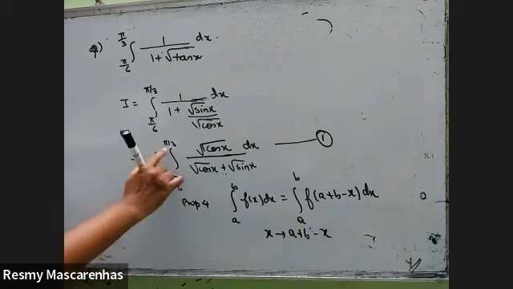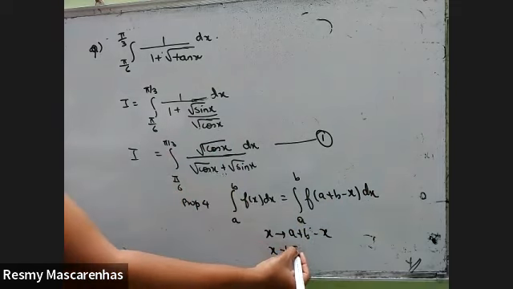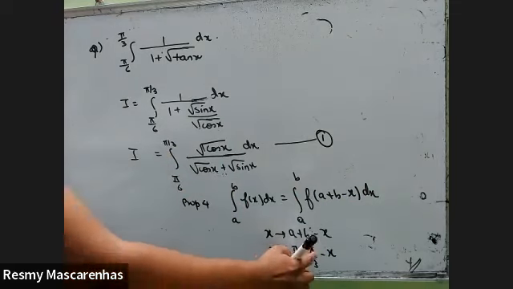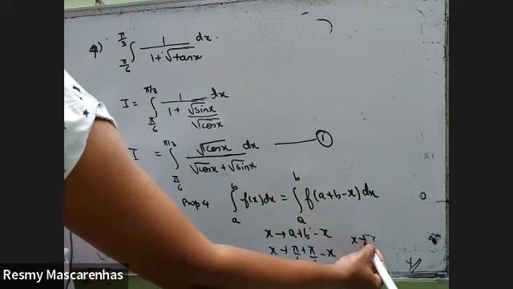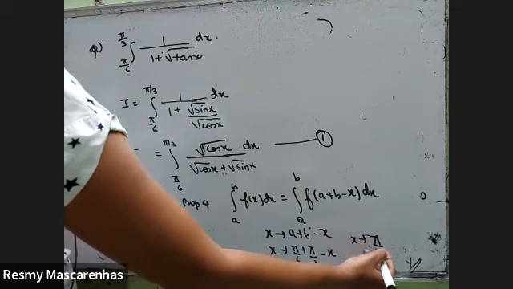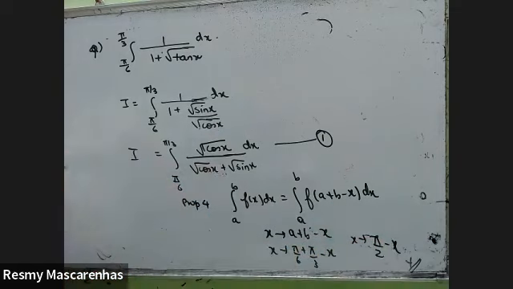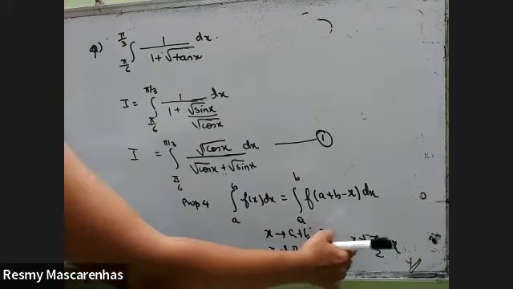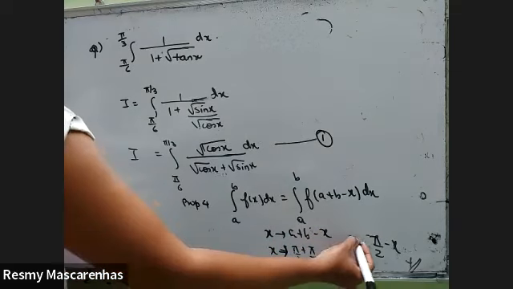As per that logic, what is this? X can be replaced by pi by 6 plus pi by 3 minus x. Pi by 6 plus pi by 3, if you check, is pi by 2 only. So a plus b is anyways pi by 2.